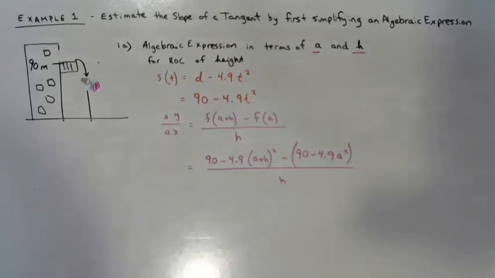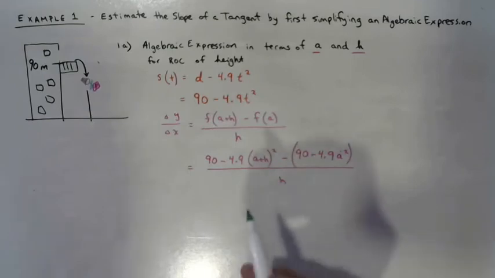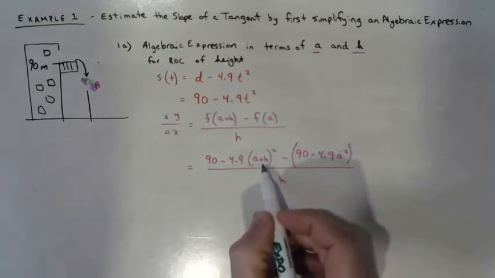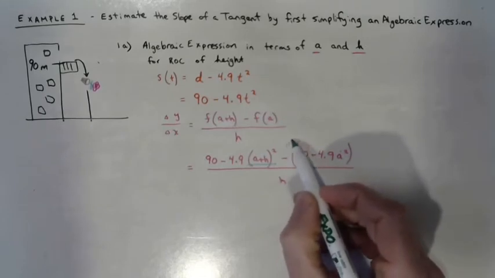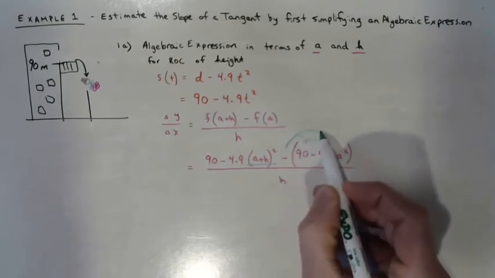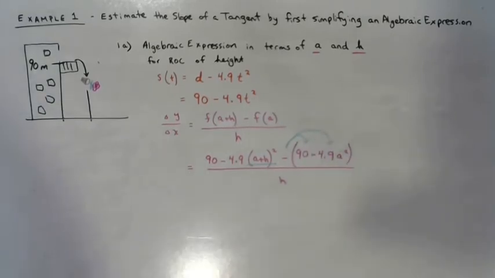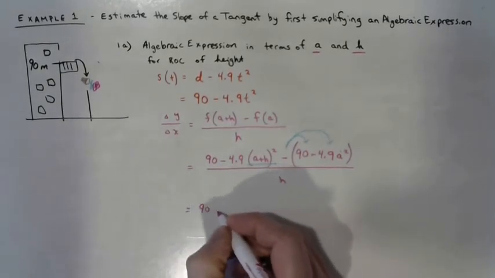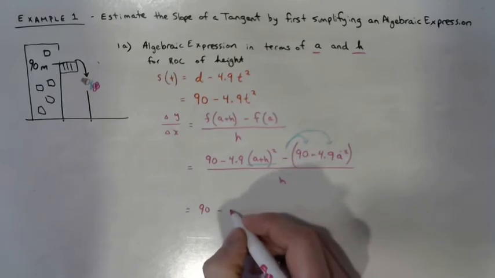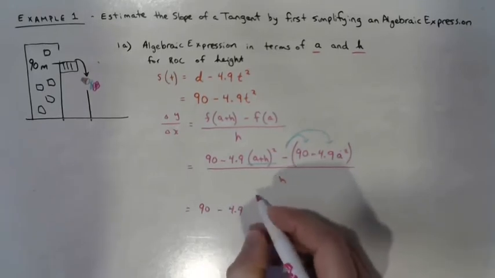Now, in order to simplify this, I'm going to expand this binomial. I'm also going to distribute this negative sign. Okay? So here we go. We've got 90 minus 4.9.